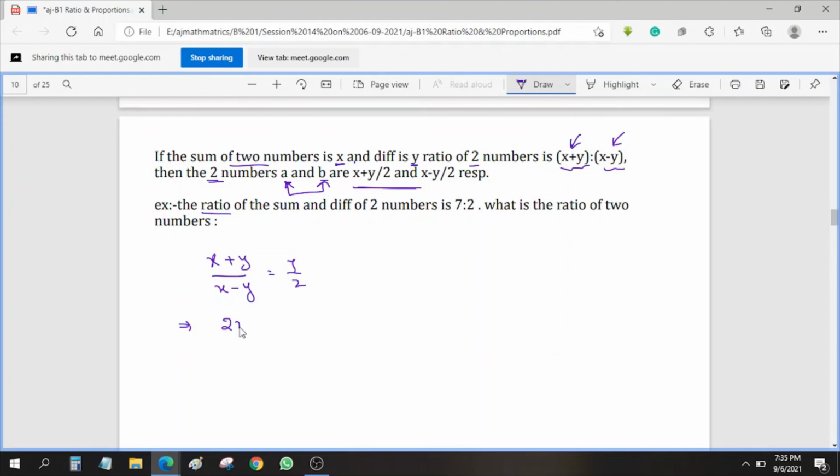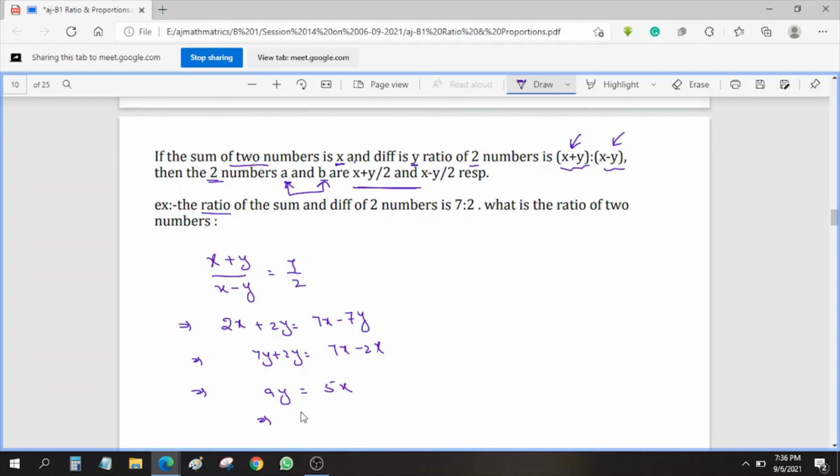Simple. 2x plus 2y equals 7x minus 7y. Let's take 2x to that side and 7y to this side, because 7y is a negative value, so I am taking it to the left hand side. So 7y plus 2y equals 7x minus 2x. So this is 9y and this will be 5x.